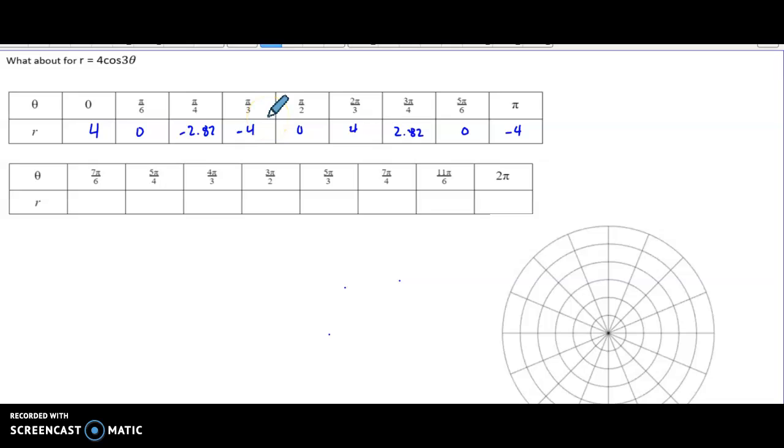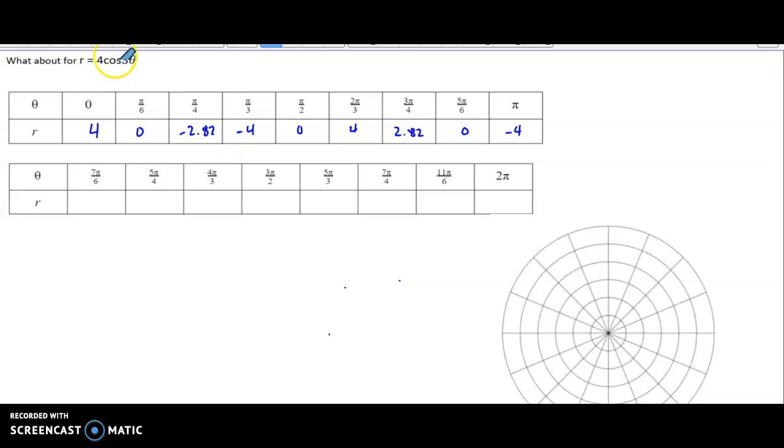But for this one, I wanted to make a connection to the trig graphs, and I think it'll help you to see and understand how these petals are being formed, okay?